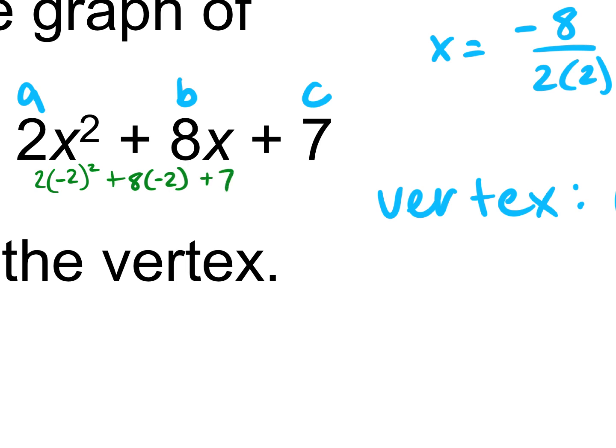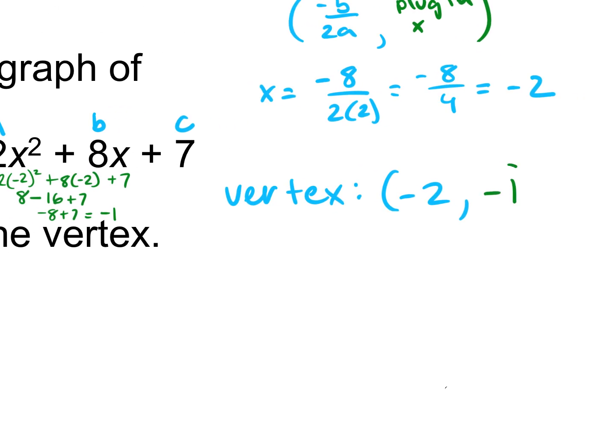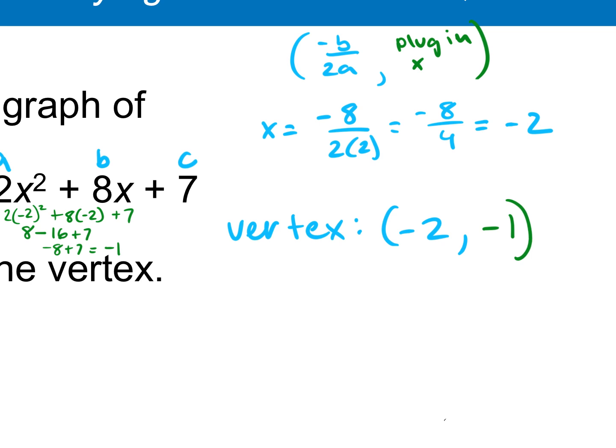Negative 2 squared is 4, times 2 would be 8, minus 8 times 2 is 16, plus 7. So this would be negative 8 plus 7, which is negative 1. So our vertex would be negative 2, comma, negative 1. So you use the formula to find your x in your vertex, then you plug in the x to find the y in the vertex.